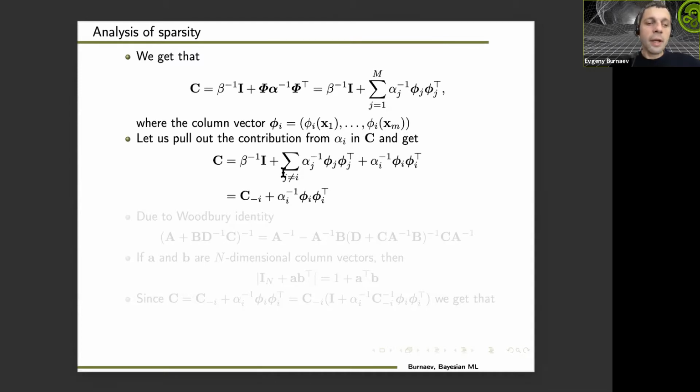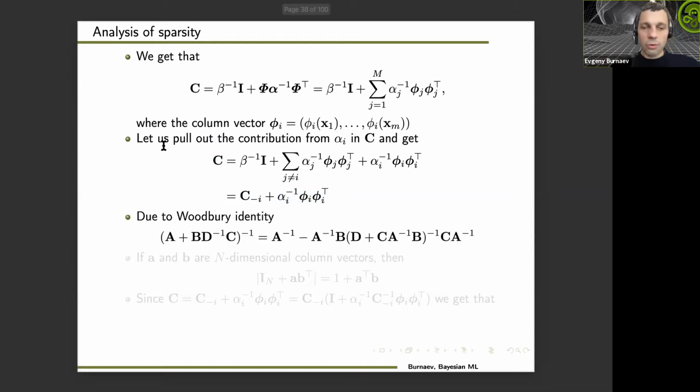The first part contains all basis functions except the basis function number I, and the remaining term contains only basis function number I. And so I can represent the matrix C as the sum of the matrix C without the contribution of the basis function number I plus the contribution of the basis function number I. Well, all of us know this famous Woodbury identity.